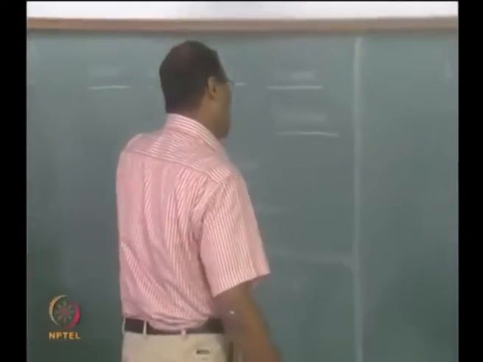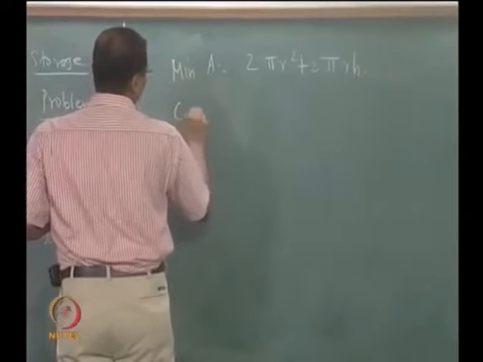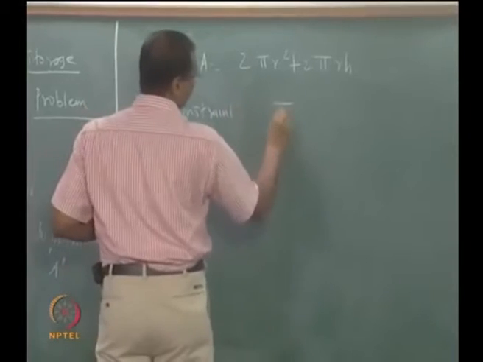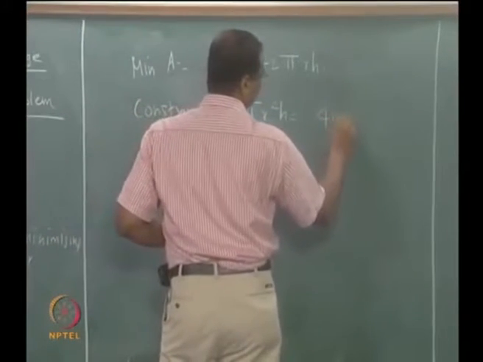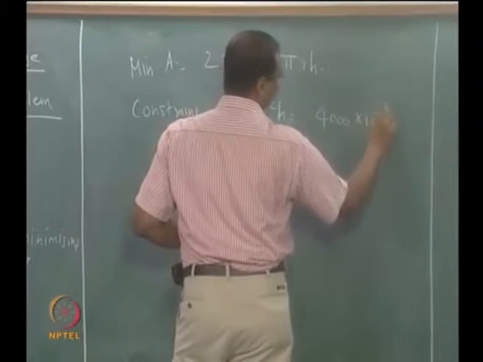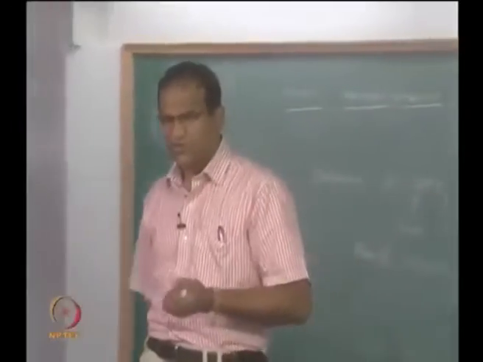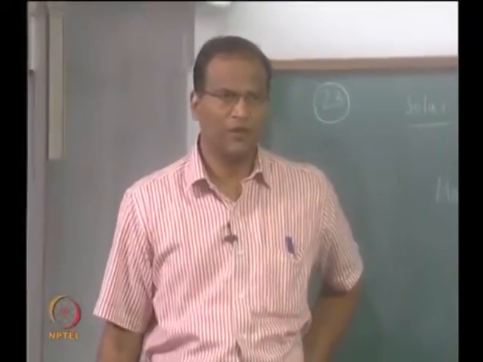Okay. 4,000 liters; 1 liter is 10 to the power of minus 3 meter cube. So 4 meter cube.